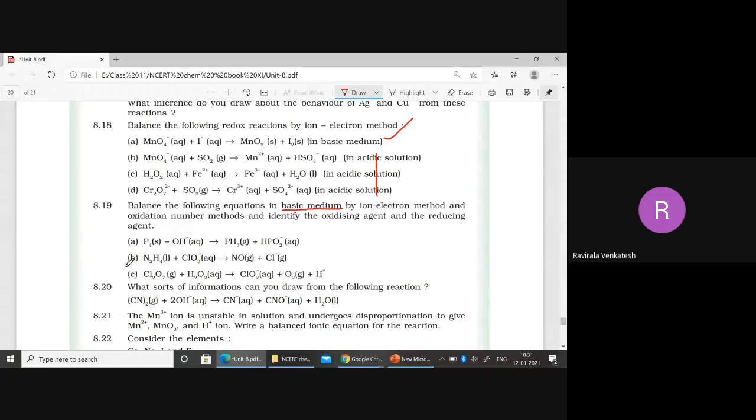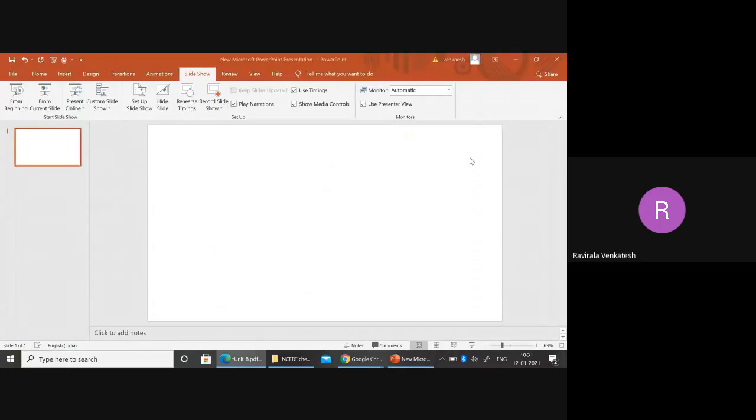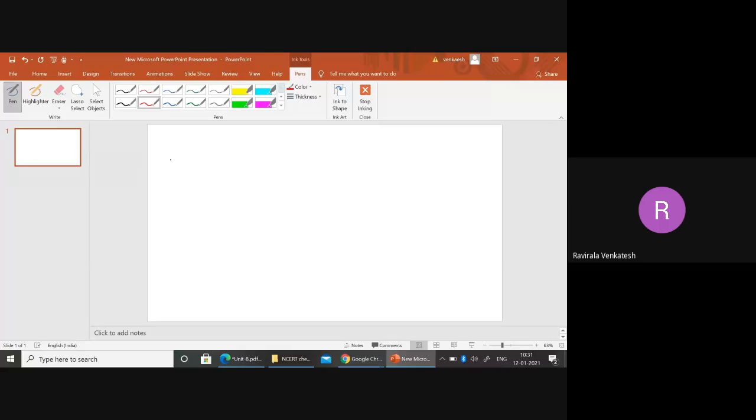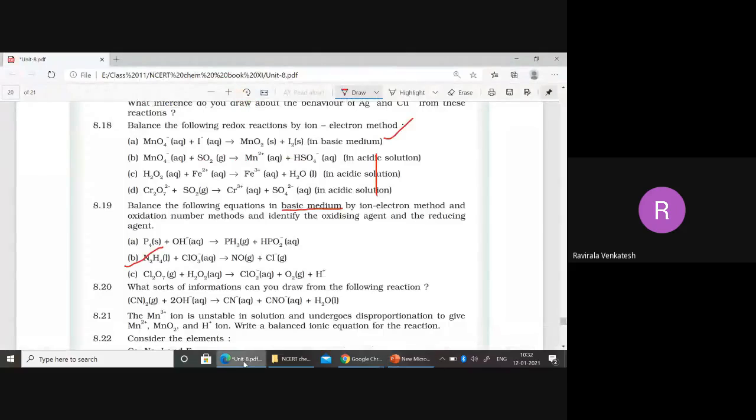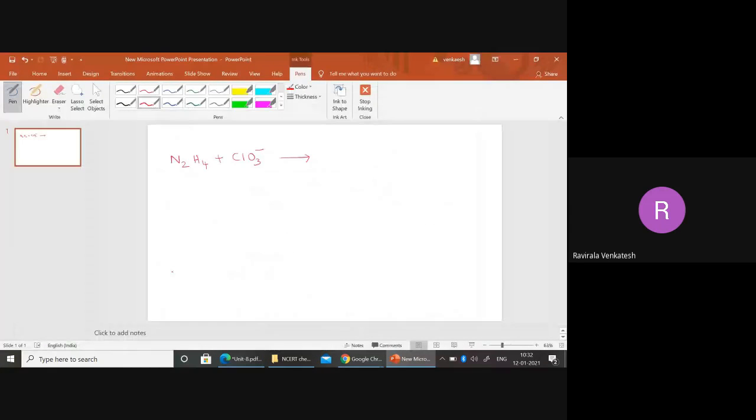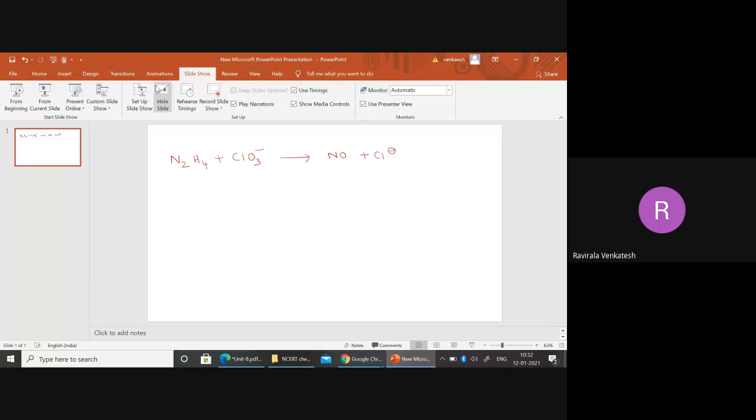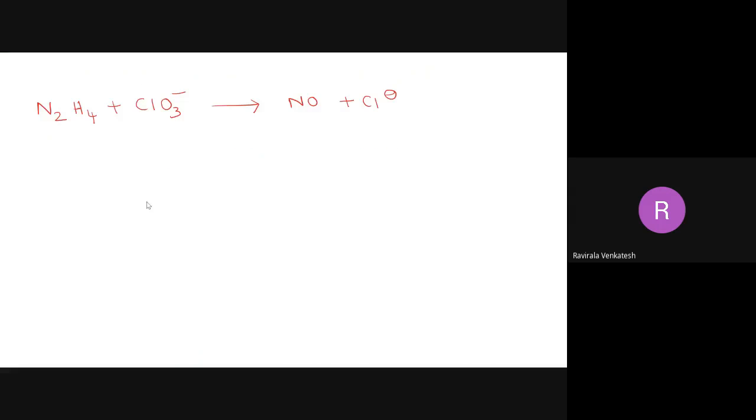We'll take that one, N2H4 and ClO3 minus, converting into NO plus Cl minus. Which medium it is? Basic medium.